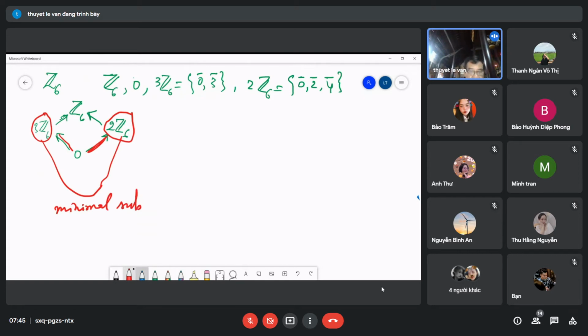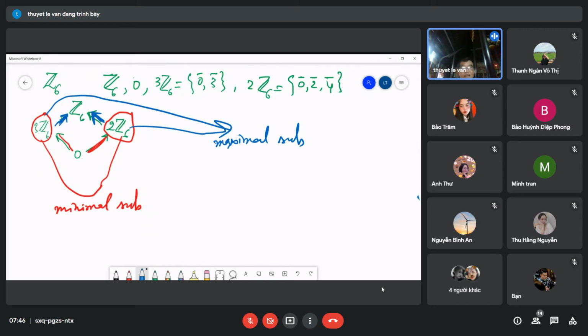However, between this one there is no submodule, so that is also a maximum submodule. So the 3Z6 is also the minimum submodule and also the maximum submodule. And also in this case, the 2Z6 is also the minimum and also the maximum.